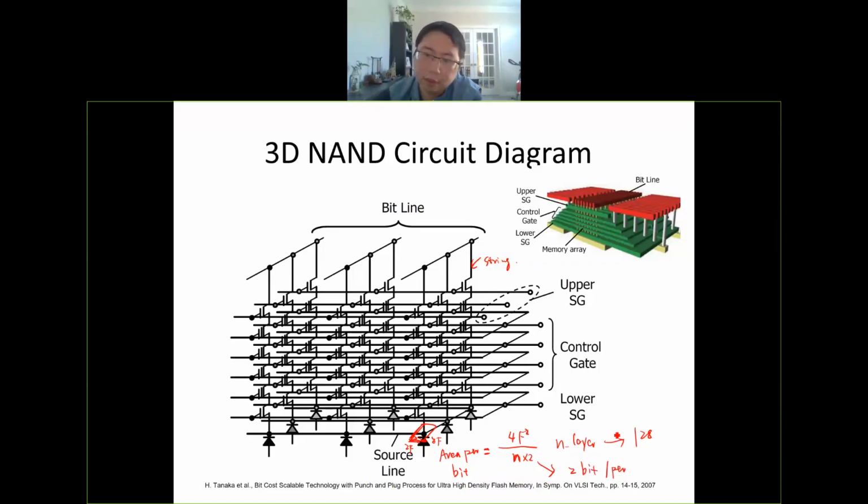So this is a way to reduce the area per bit, or in other words, increase the density. That's why today you can easily buy a 128 or 256 gigabyte SSD for dozens of dollars. This is how you achieve the high density. You reduce the cost per bit.